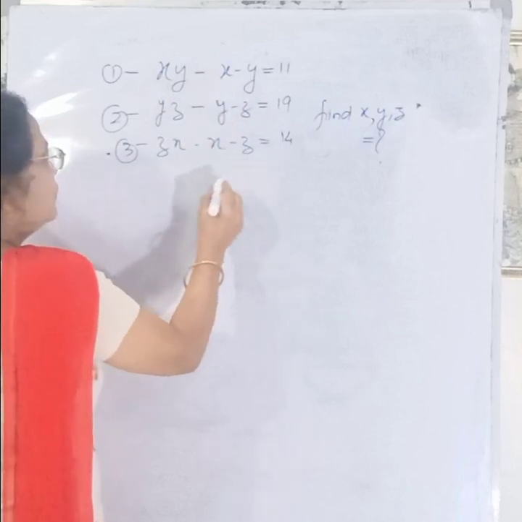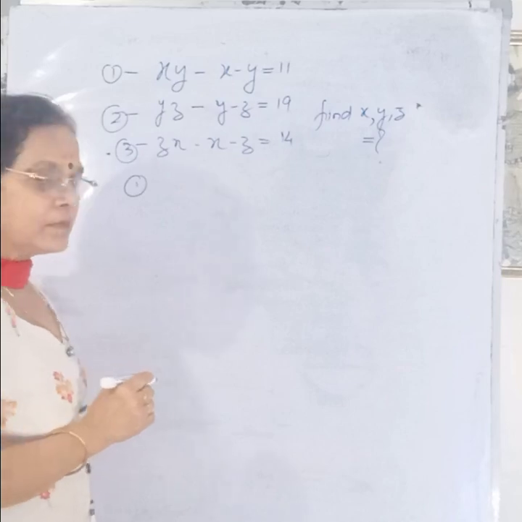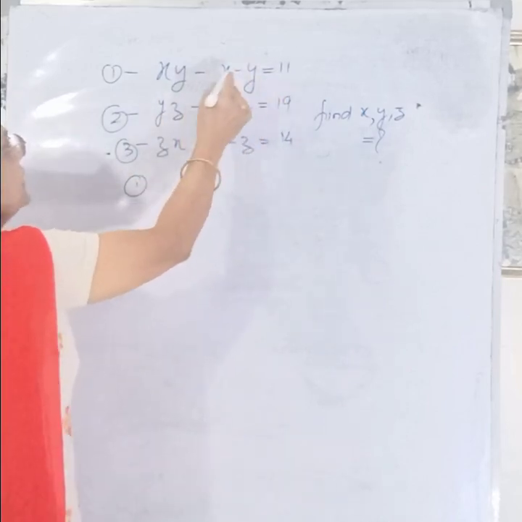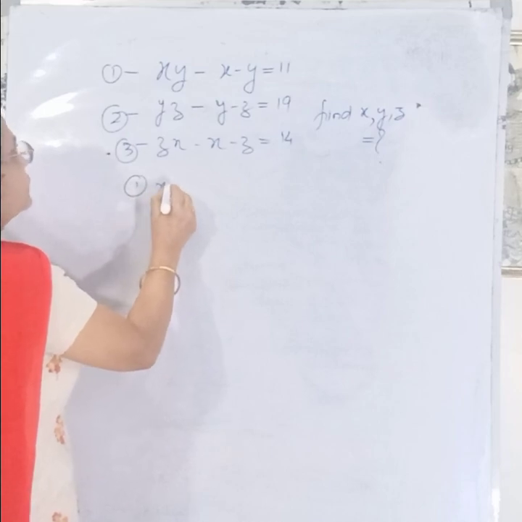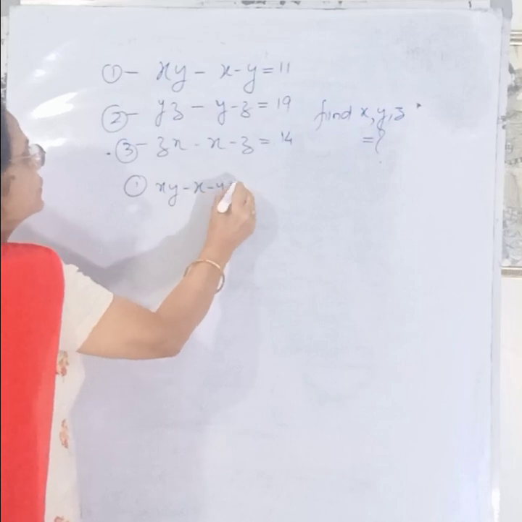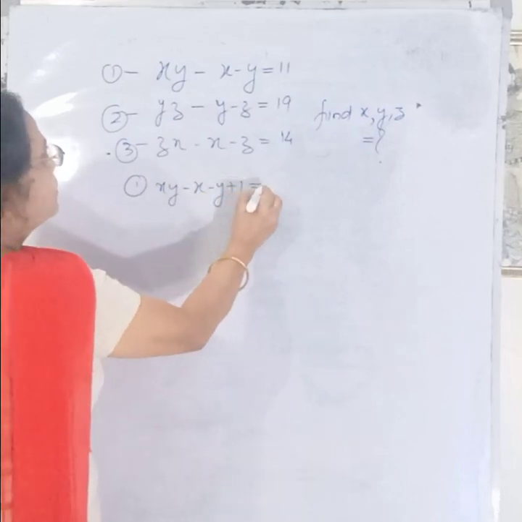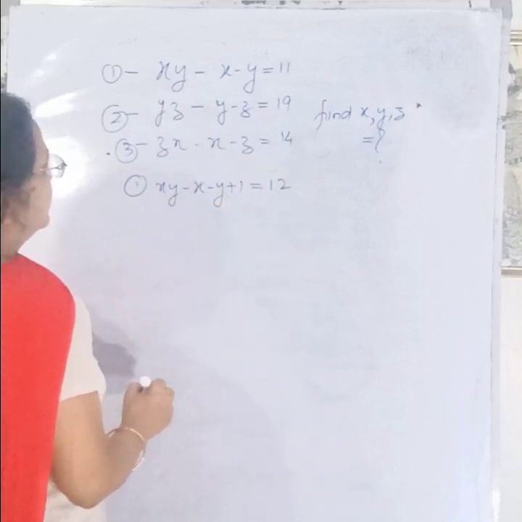In equation number 1, let us add 1 on both sides. It means xy minus x minus y plus 1 becomes 12.